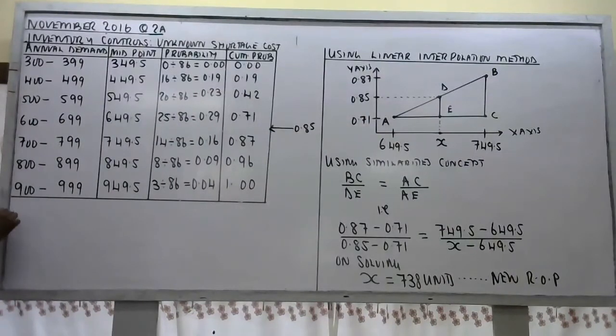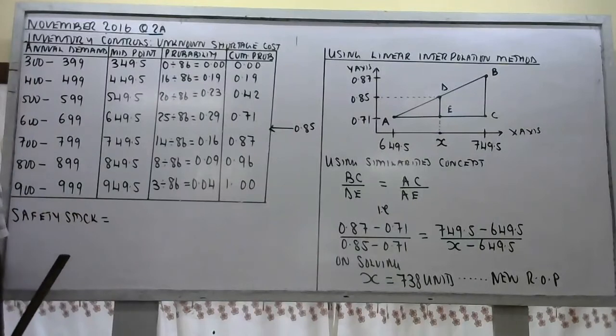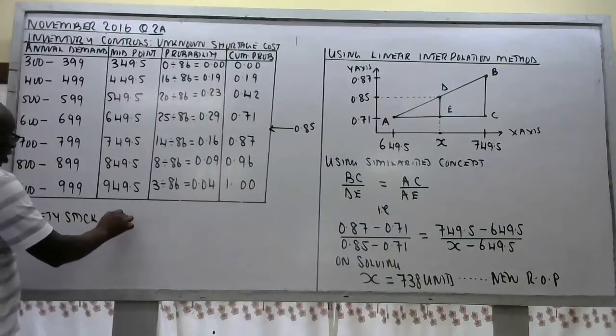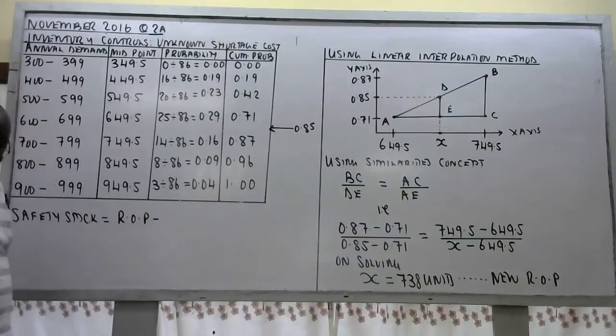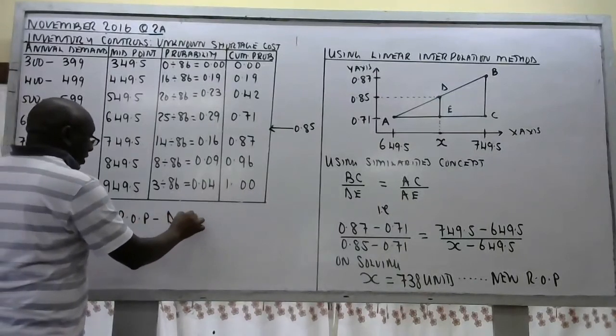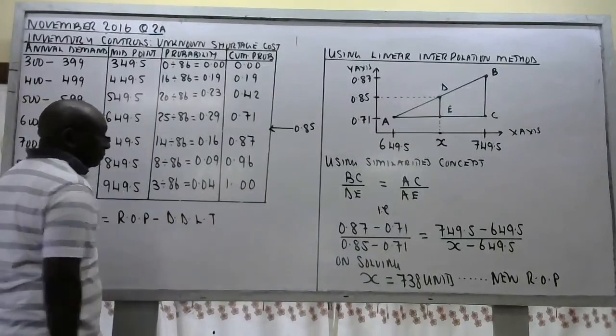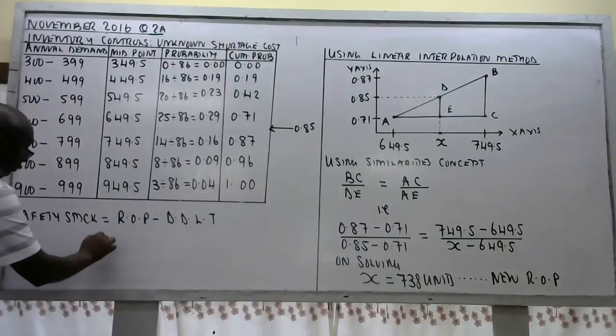So when they ask you to compute safety stock, you should get it as reorder point minus demand during lead time.